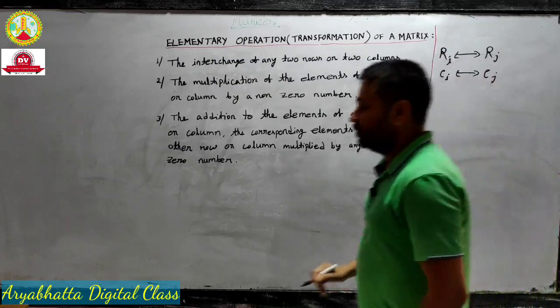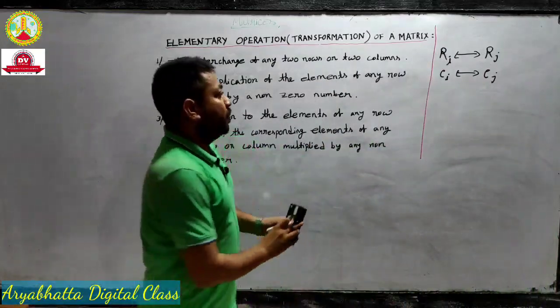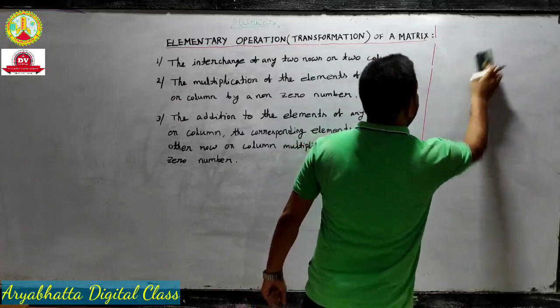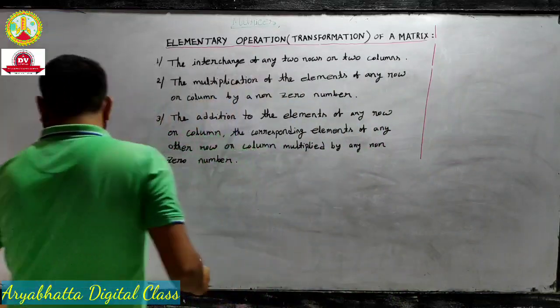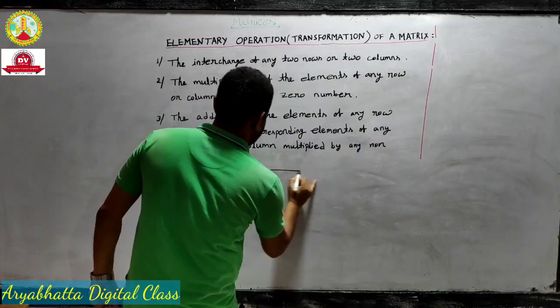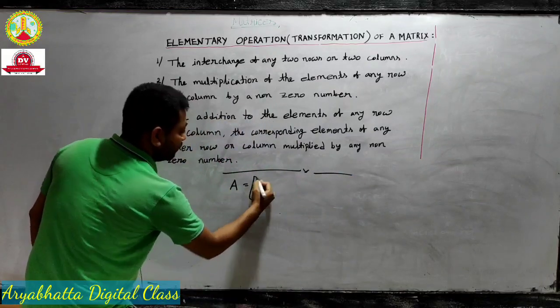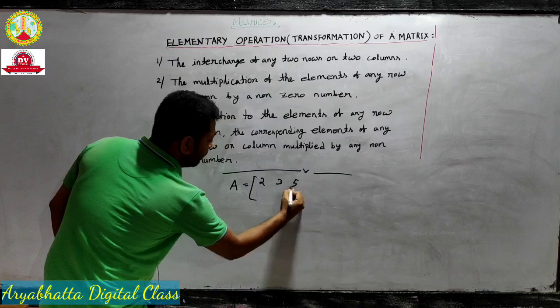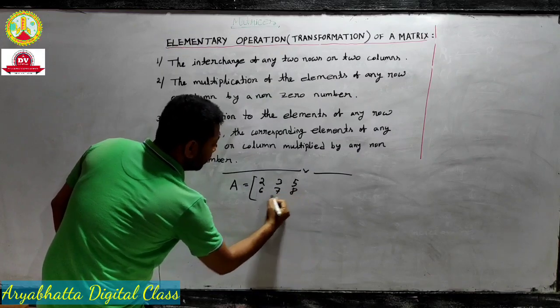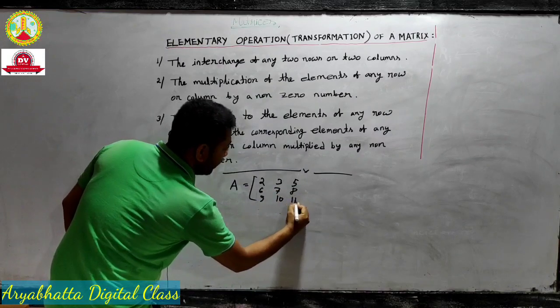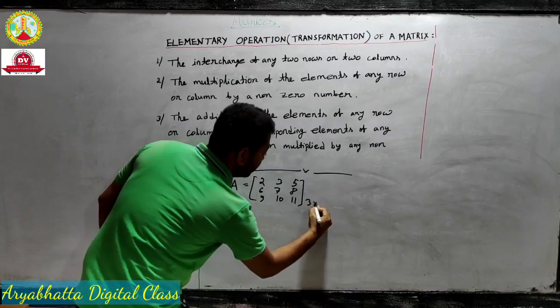For example, A equal to 2, 3, 5, 6, 7, 8, 9, 10, 11 is a matrix of order 3 by 3.